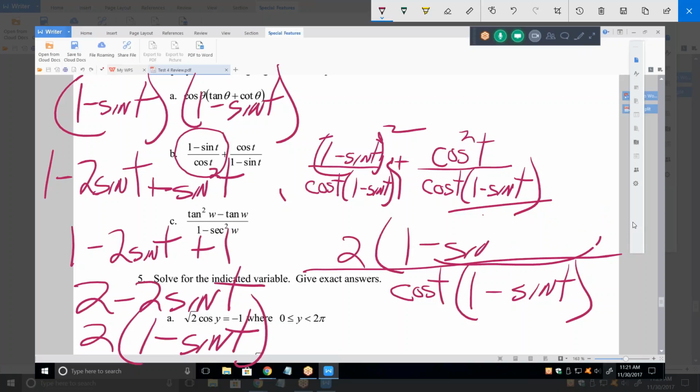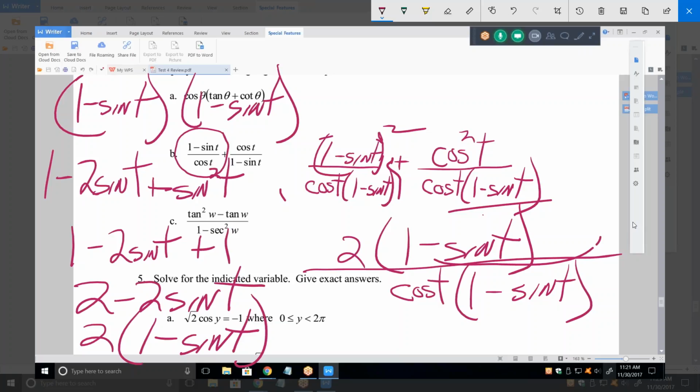Now what can I do? That's a magical step there. By magical, I mean it's much better than if this said 1 plus sine t or 2 minus sine t.